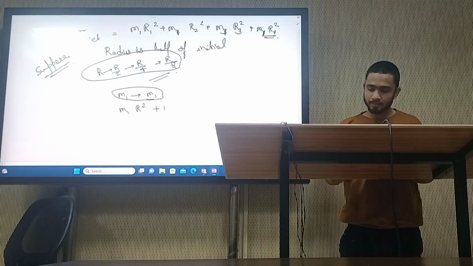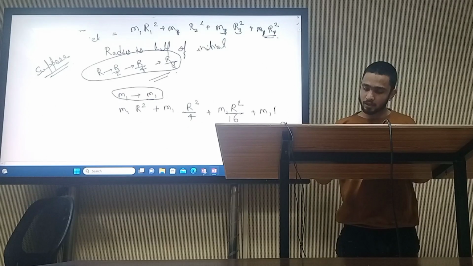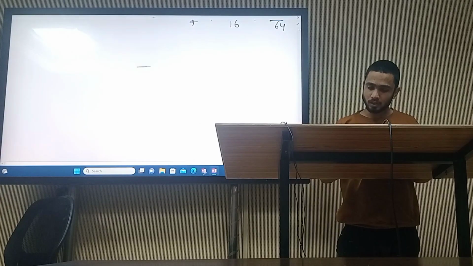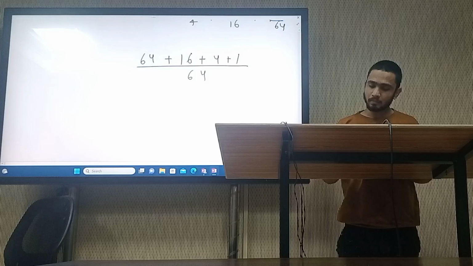The particles all have mass m1. So m1 r square plus m1 r square by 4 plus m1 r square by 16 plus m1 r square by 64.